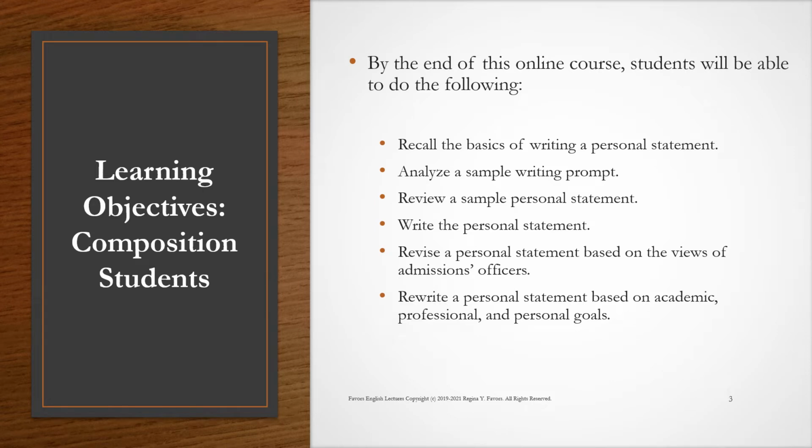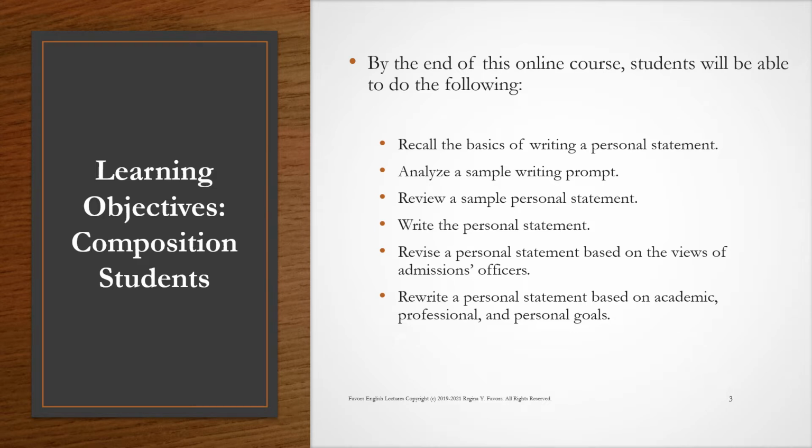So writing a personal statement has its process. It begins with researching your field and researching the institution in order to tailor your personal statement to that particular degree program. But it also requires you conducting some extended research into what admissions officers think in terms of how they view a personal statement.